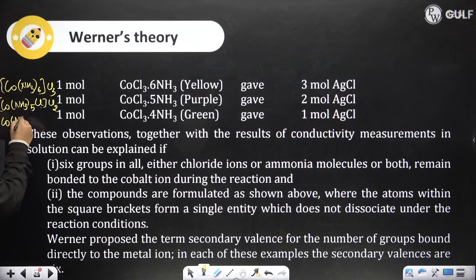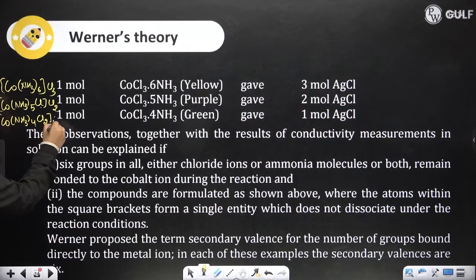But the counter ions, however, vary because the other groups are trying to fulfill the coordination number. So 6 groups in all, either chloride ions or ammonia molecules, or both, remain bonded to the cobalt ion during the reaction.